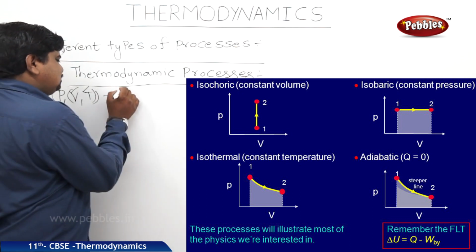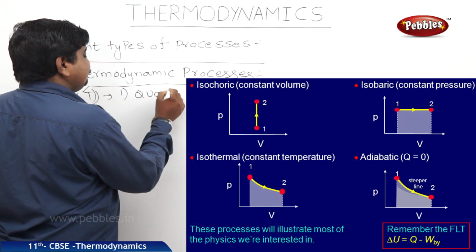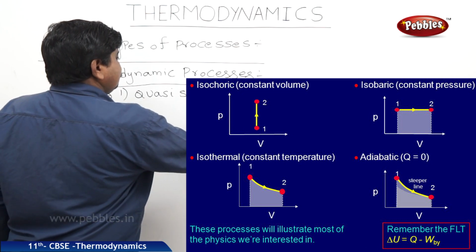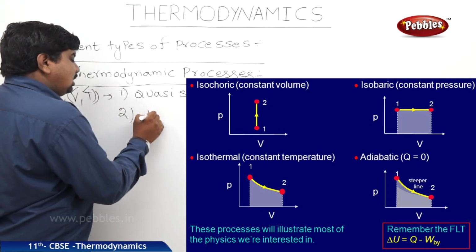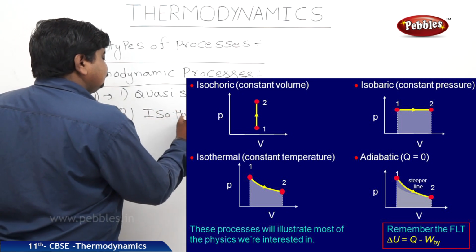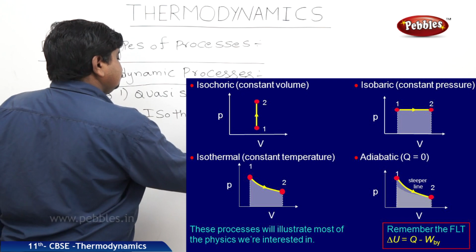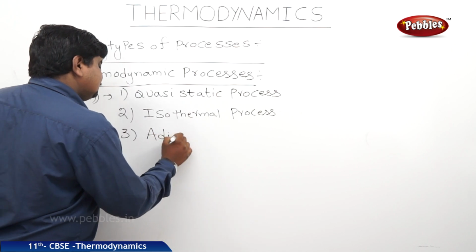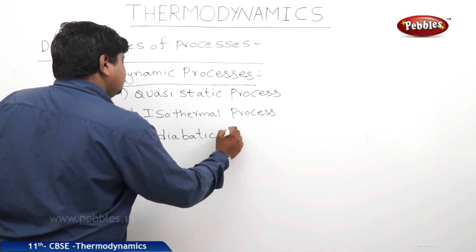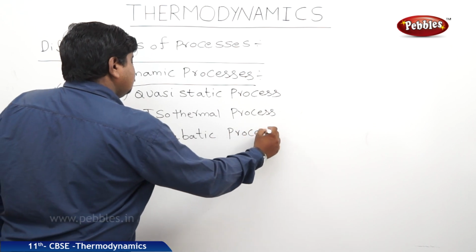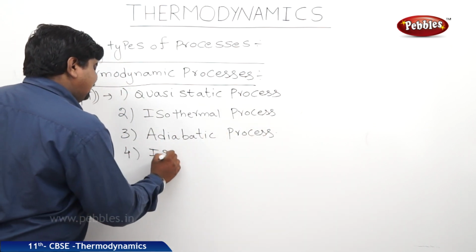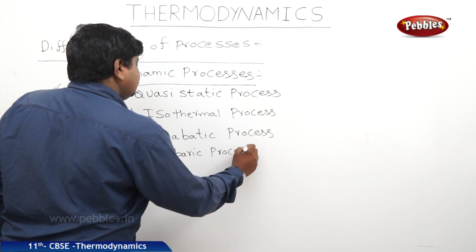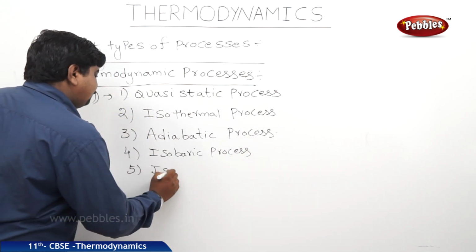What is the list of these? First one, quasi-static process. Second one, isothermal process. Third one, adiabatic process. Fourth one, isobaric process. Fifth one, isochoric process.